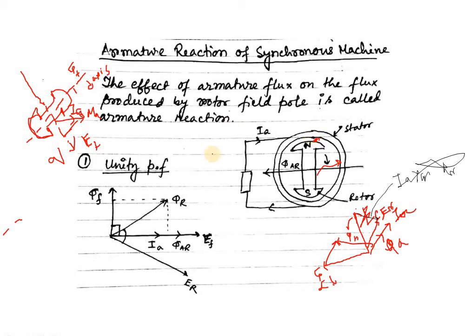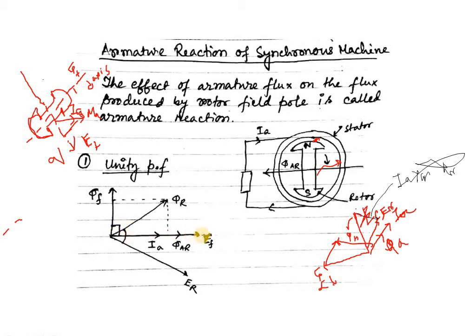And here we have shown the phasor diagram at unity power factor. This is the armature current and this is the EMF induced due to field current. Let us consider this is the field flux, and we know that 90° upward from the flux the EMF will be produced.